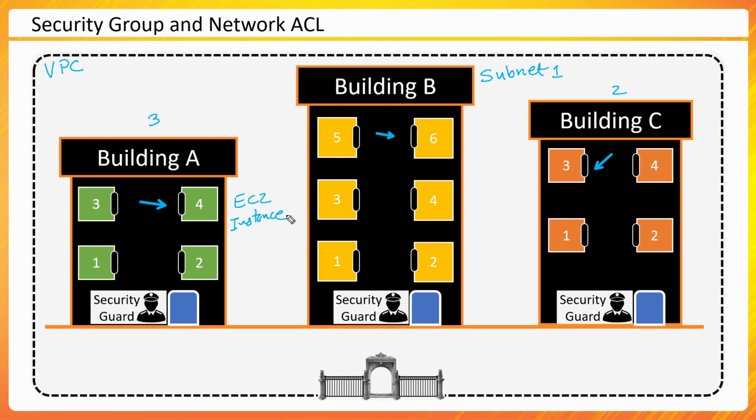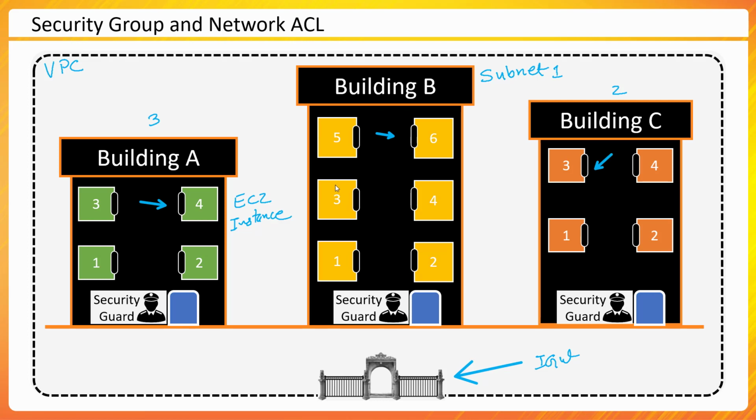Let's see how that communication would be happening. You could think of this gate as your IGW, which is allowing your traffic to go outside to the internet, and from outside, traffic can come internally. That can also happen. So that is kind of IGW. But right now our focus is on security group and network ACL.